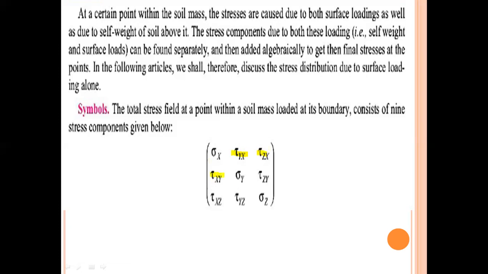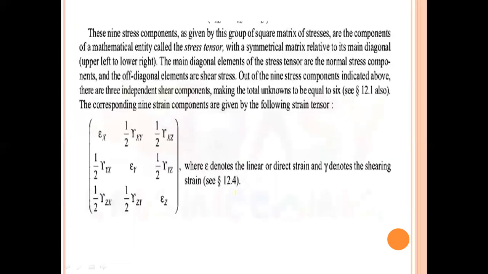Similarly, in the y plane: tau xy, sigma y, tau zy. Similarly, in the last plane, the z plane: tau xz, tau yz, and sigma z. These are the 9 components of the stresses.